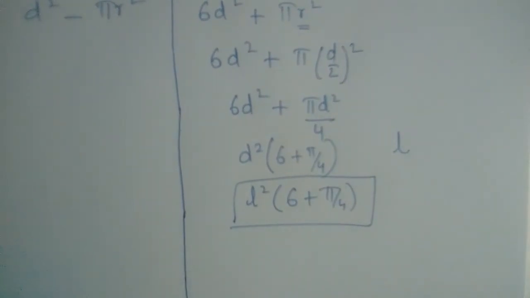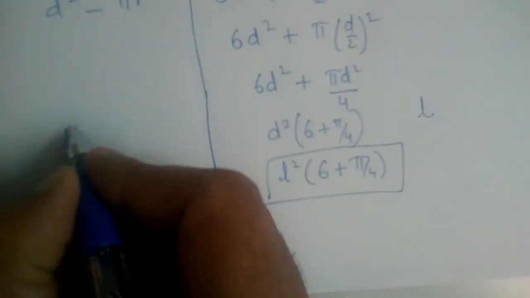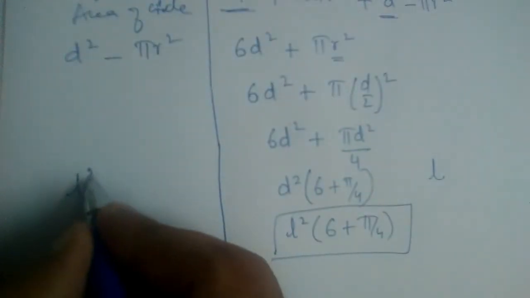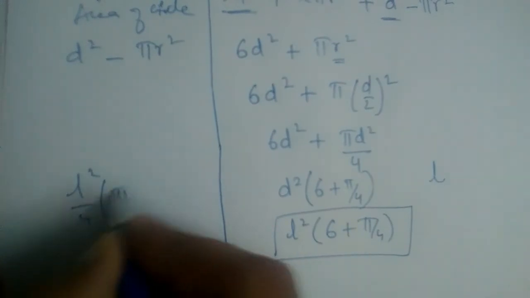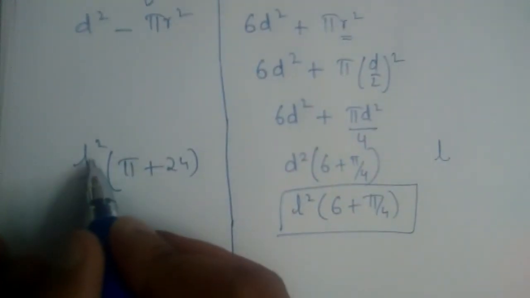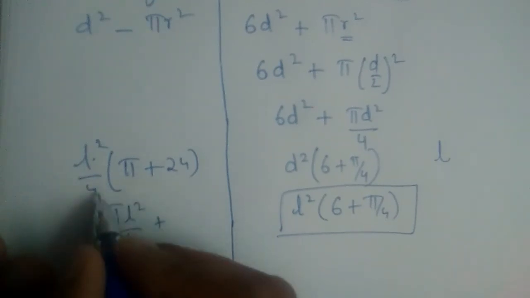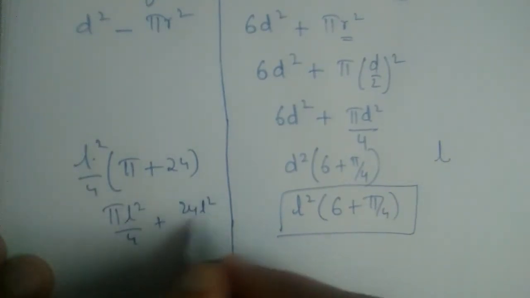Now this answer is slightly different in the textbook. See, it is given as L square by 4 into pi plus 24. Now if you multiply this, L square pi by 4, this will give us pi L square by 4 plus 24 L square by 4.